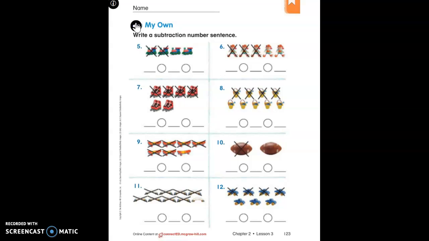Okay, so don't forget that when you're doing this, you're going to look at your total first and write that number down, subtract what's X'd off, and then don't forget your equal sign, and then add up what's left over without the X's for your difference. All right, and I'll see you on the last page. I'm going to let you work on this on your own.